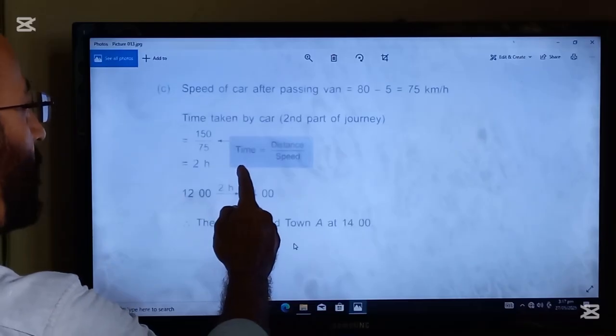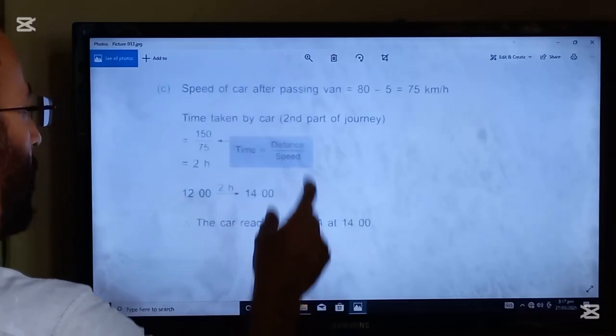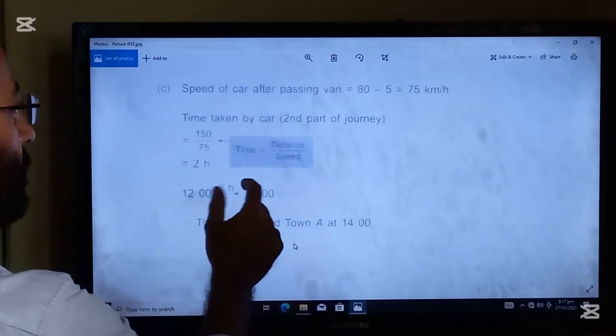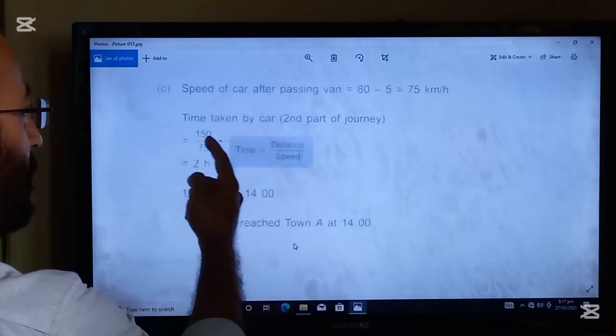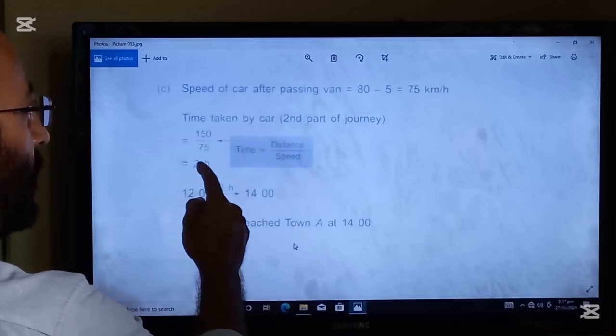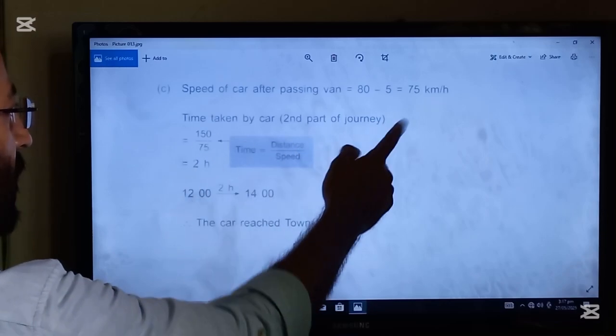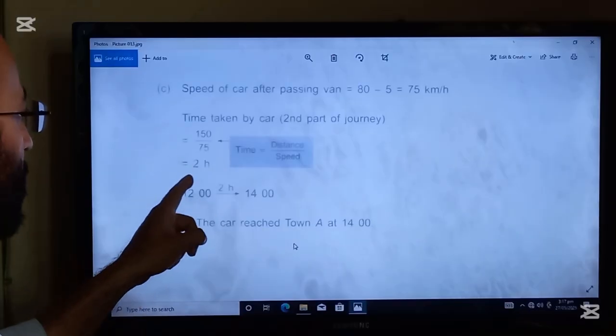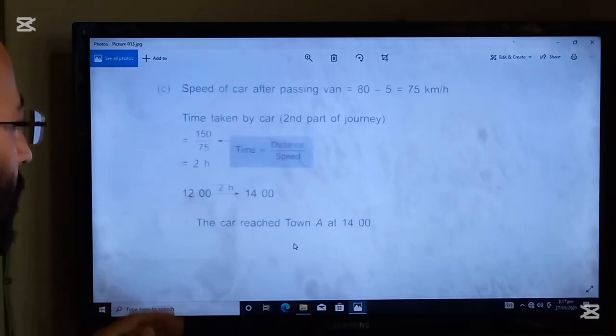Again, we are using the formula time is equal to distance over speed. Putting these values into the formula, the remaining distance is 150 km. Now the speed is 75 km per hour. Solving it on the calculator will give us the answer, 2 hours.